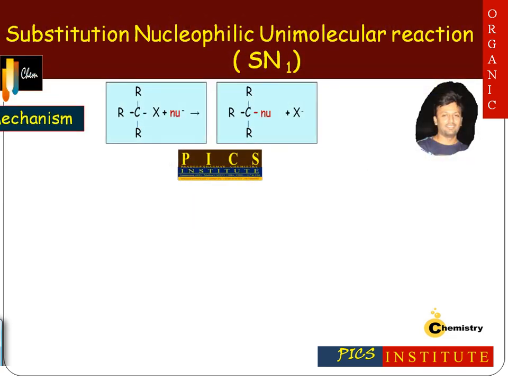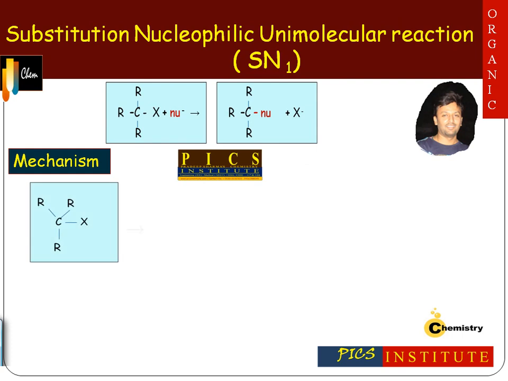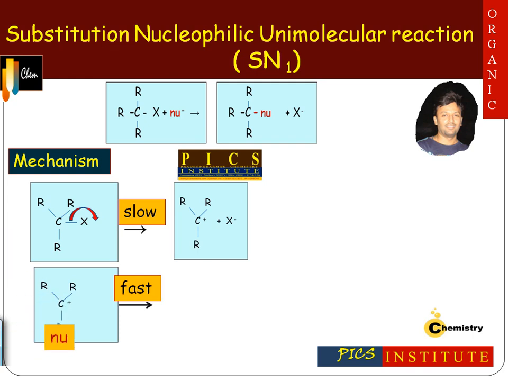In the first step, removal of the leaving group takes place, resulting in the formation of a carbocation. The carbocation thus possesses a planar structure and the nucleophile can attack from the front side as well as from the rear side.